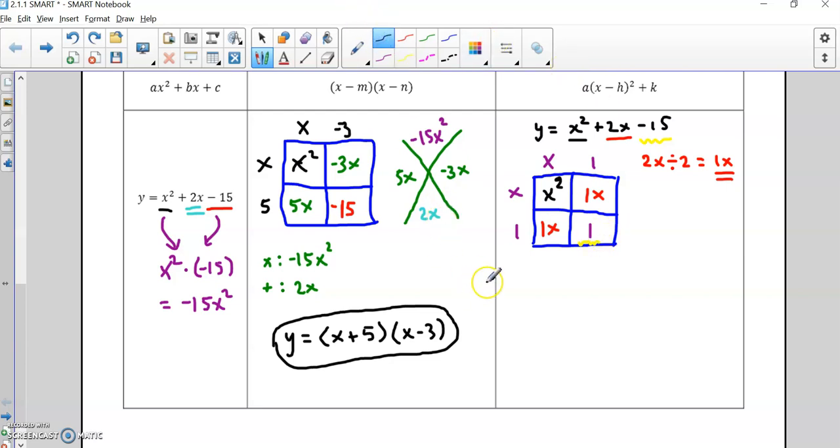So I have x plus 1 times x plus 1, but if I just stick to that, I don't get that negative 15. I get 1. So we ask ourselves, how do I get from 1 to negative 15? Well, I know that 1 minus 16 equals negative 15.